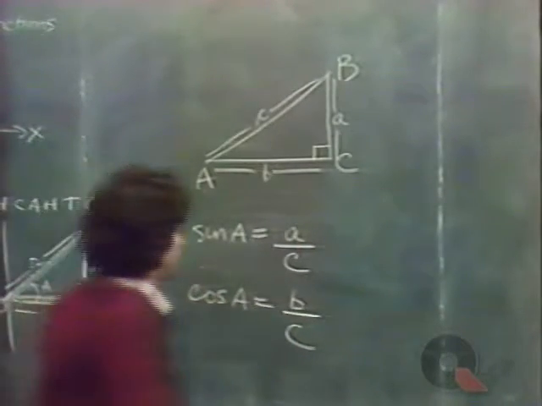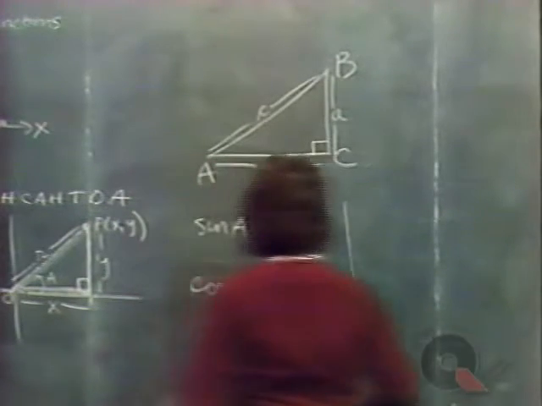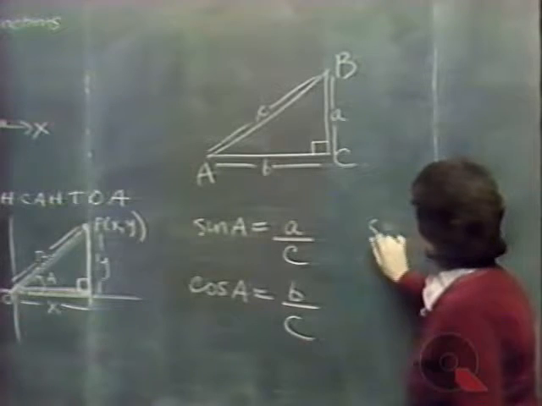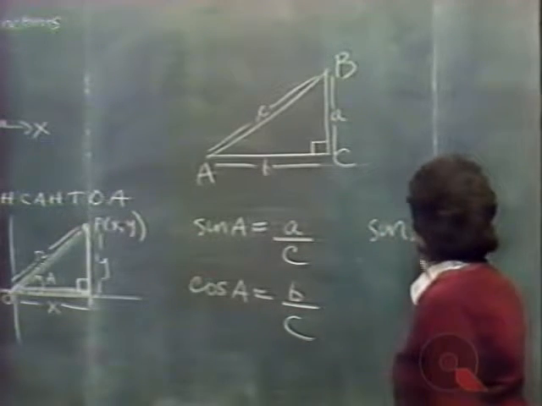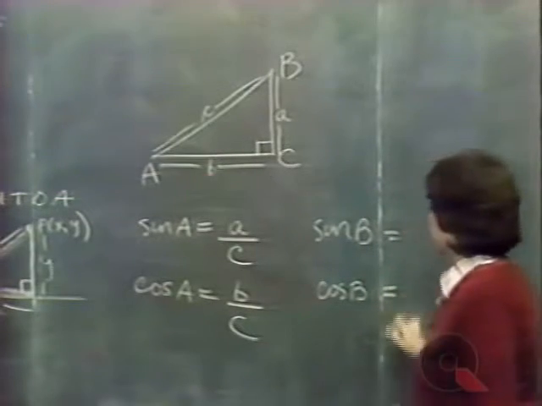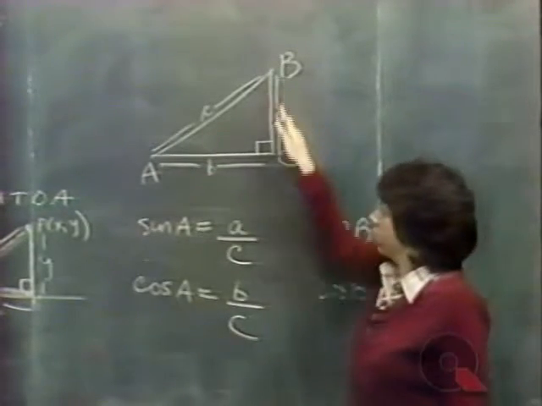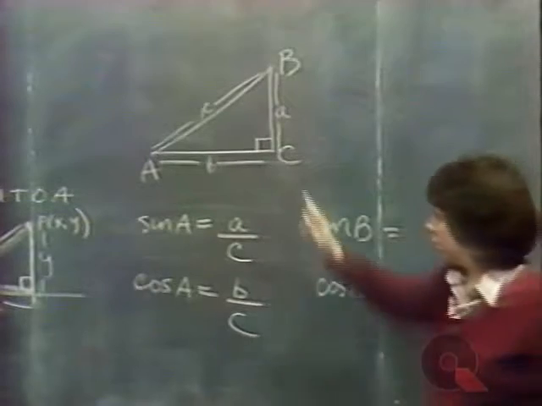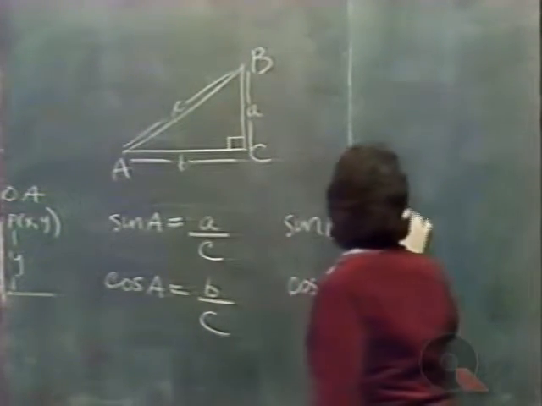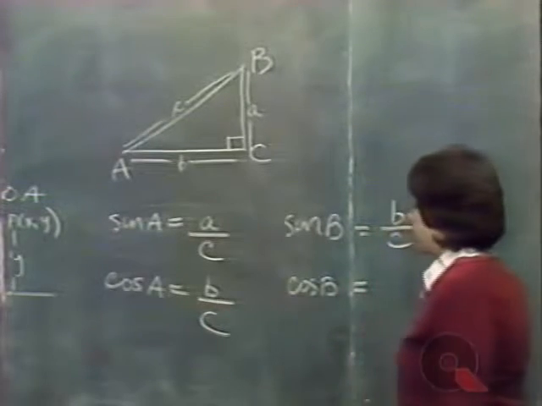Let us also write down the corresponding trig functions for angle B. Sine is still opposite over hypotenuse: b over c.